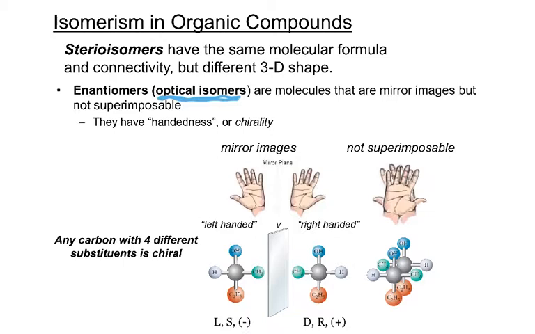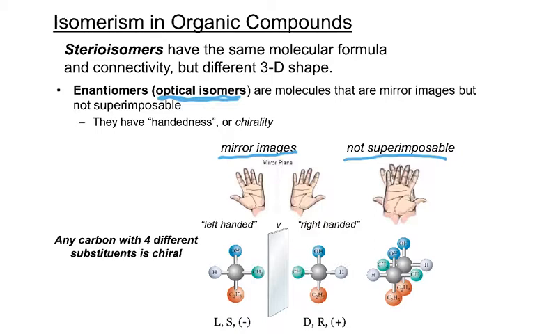So, the definition of an enantiomer is two compounds that have the same molecular formula. They're isomers. They have the same groups, but they are mirror images of each other that are not superimposable. So a great analogy here is your hands. Your right hand and your left hand, you hold them together like you're clapping, all right?